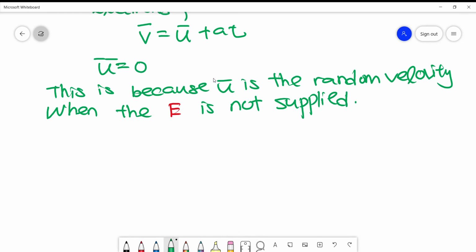So having no net velocity means the drift velocity of the free electrons is 0.